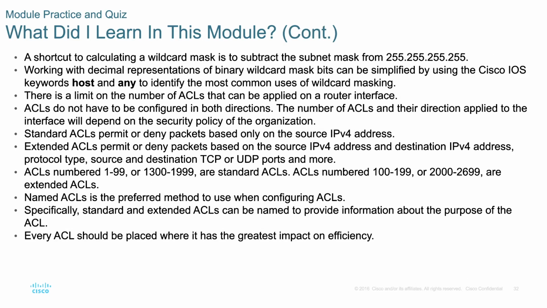We then had a look at the two keywords that you can use within the ACL, which are host and any, which replace the quad 0 and quad 255 wildcard masks.